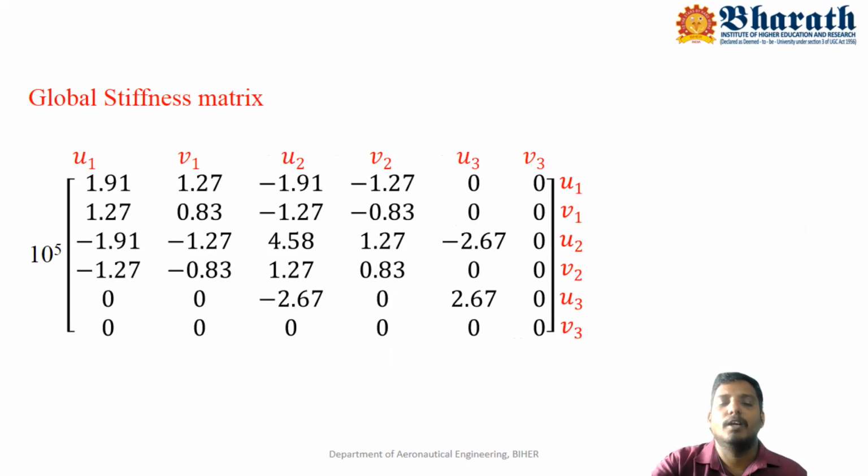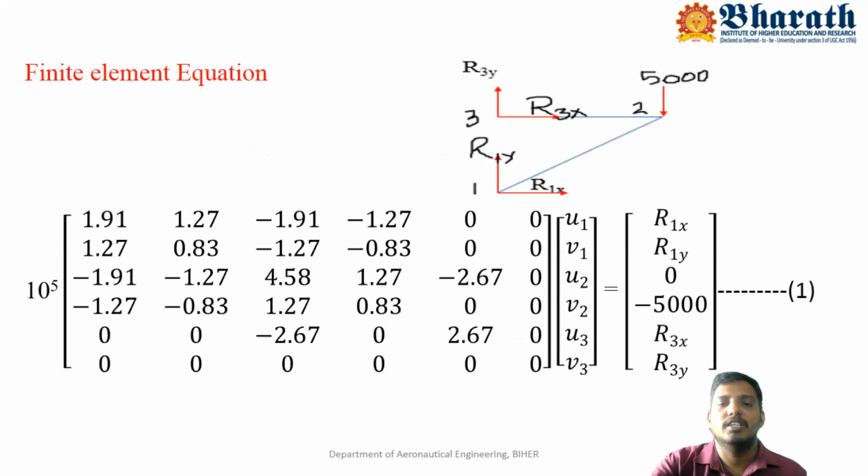Then we have to formulate the finite element equations. What is the finite element equation? The stiffness matrix times the nodal displacement must equal the applied force. Therefore, it is the global stiffness matrix. Then what is the nodal displacement? This given truss structure has 2 elements and 3 nodes. Node 1 has displacement U1, V1, node 2 has U2, V2, and node 3 has U3, V3.